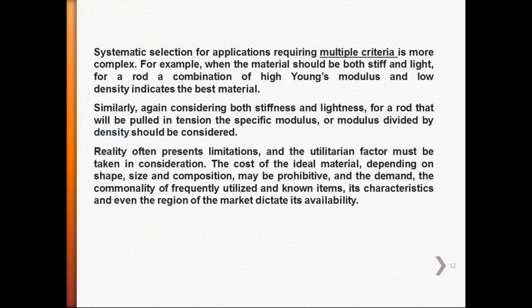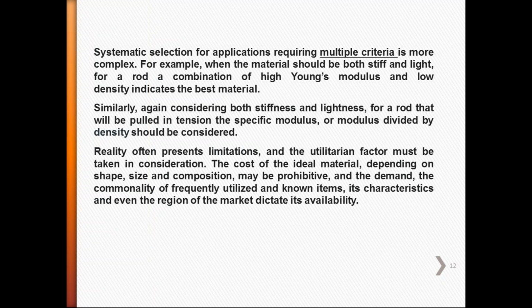For example, when the material should be both stiff and light, for a rod, a combination of high Young's modulus required, because stiff rod we require, stiffness should be high, and low density that will correspond to lightweight of the rod indicates the best material.